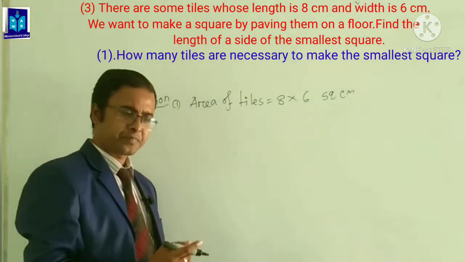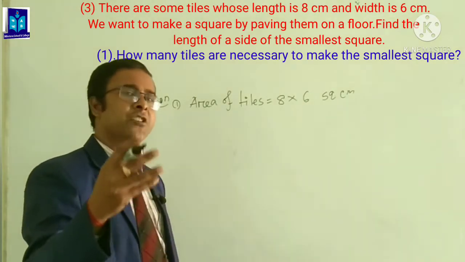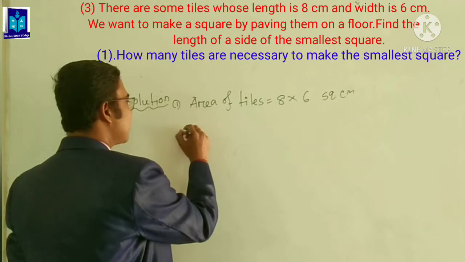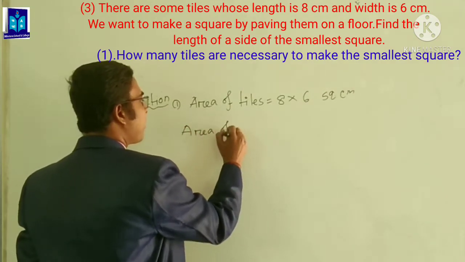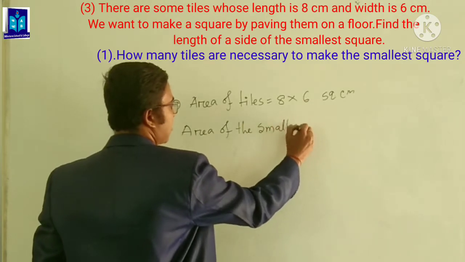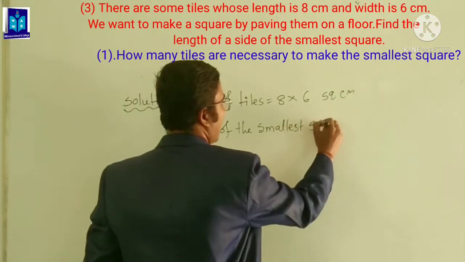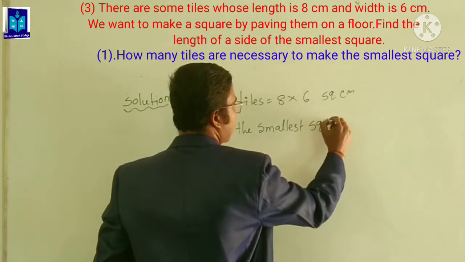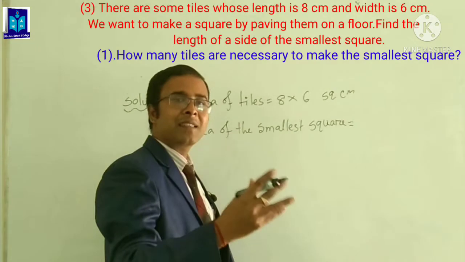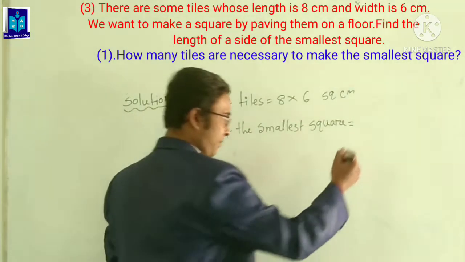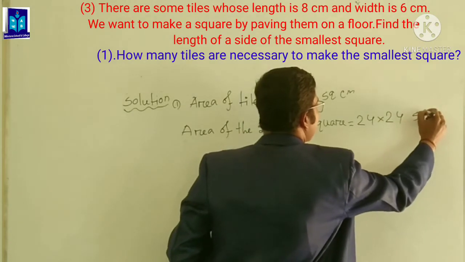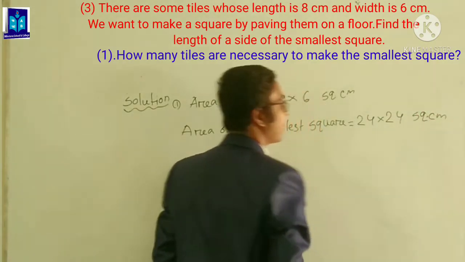Now we'll find area of the smallest square. Already we get the length of the smallest square is 24 centimeters. So area of the smallest square will be what? Length multiply length. That means 24 multiply 24 square centimeter.